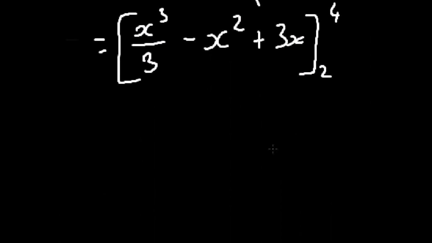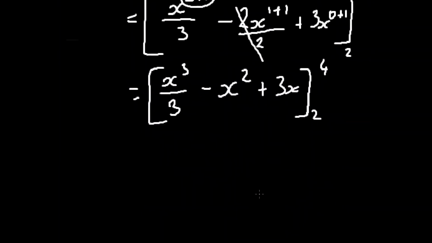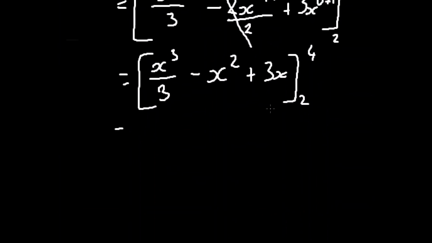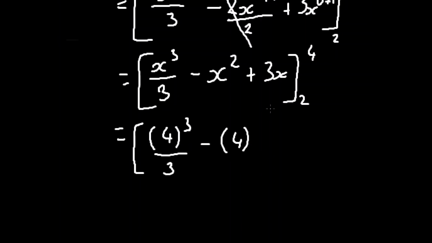So it's going to get quite long here, so I'll zoom out. And so that will become everywhere, I like to use square brackets by the way, everywhere that we see a 4, we're going to put it in there. 4 to the 3 minus that 4, and that 4 there.